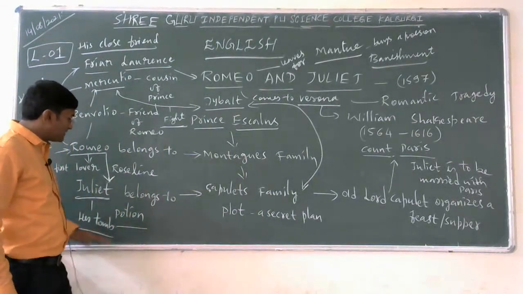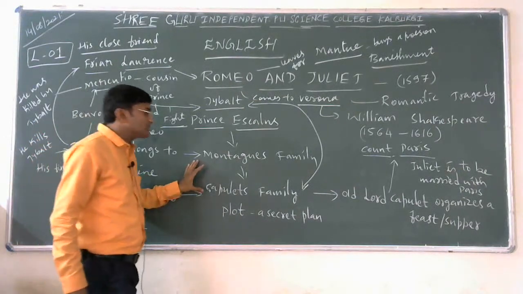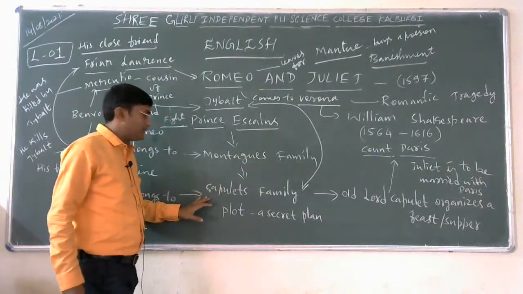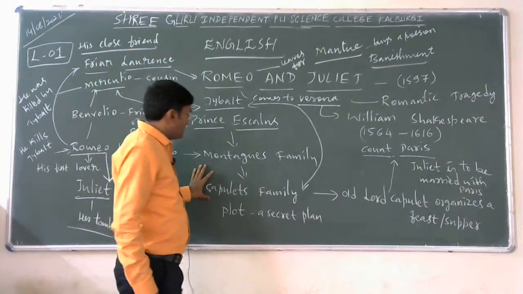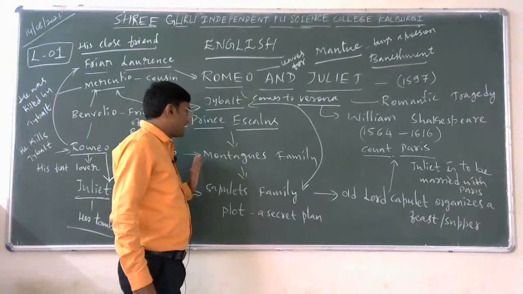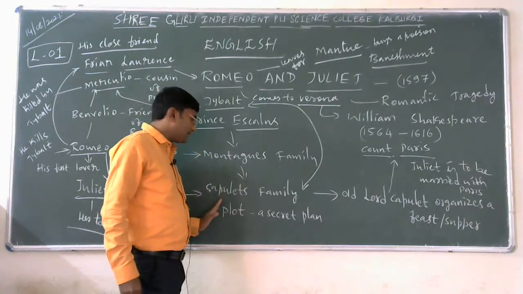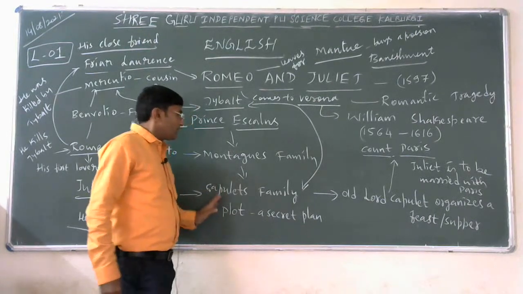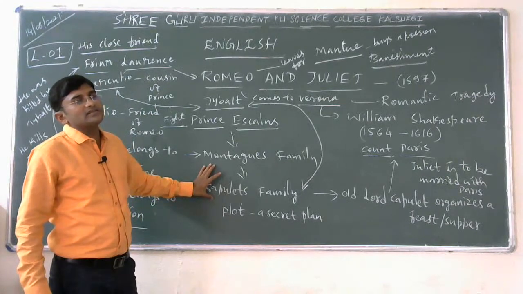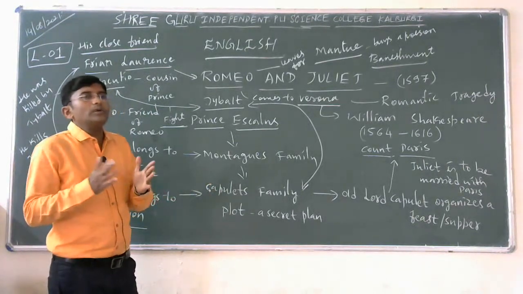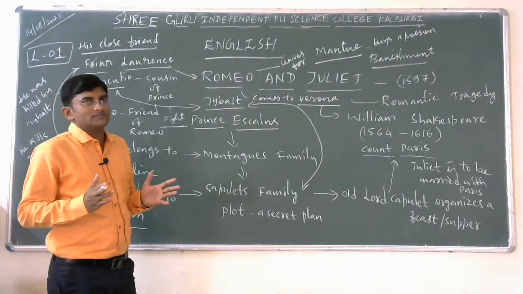As both the true lovers die, these two families, Montague's family and Capulet's family, reunited. Earlier they were looking at each other as enemies or feuding, right?